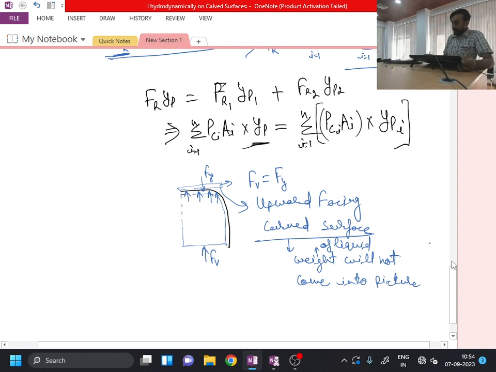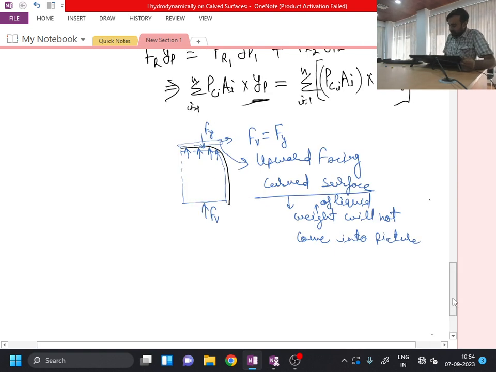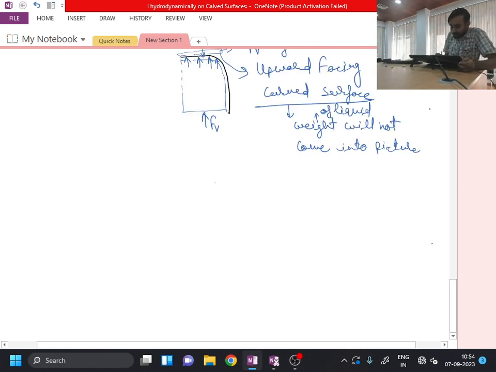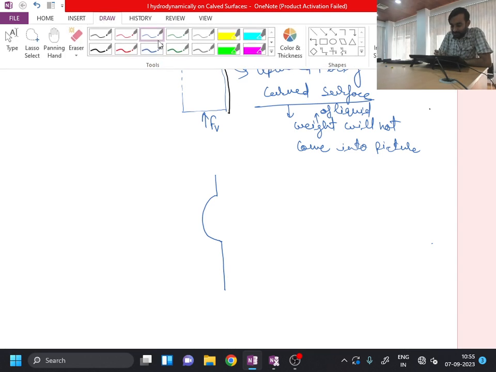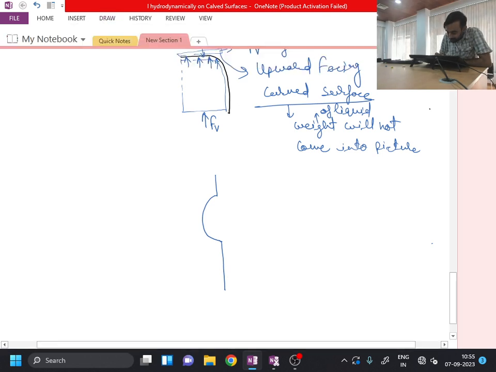Another important aspect is that if I have a curved surface which forms either an arc or a semicircle, part of a circle, then for this curved surface, the distribution of the pressure will be something like this.